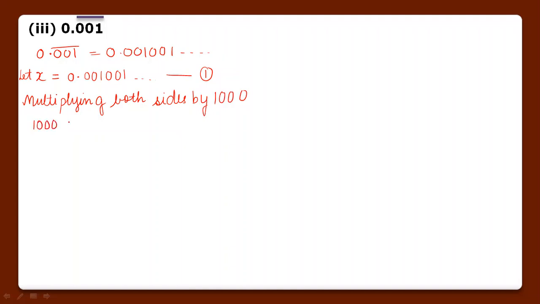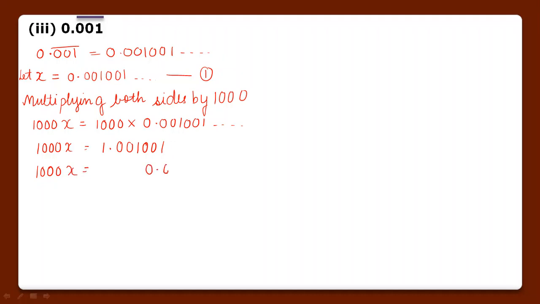Left hand side 1000x, here 1000 multiplied by 0.001001 and so on. जब हम इसे मल्टीप्लाई करेंगे, simply we'll get here 1.001001.